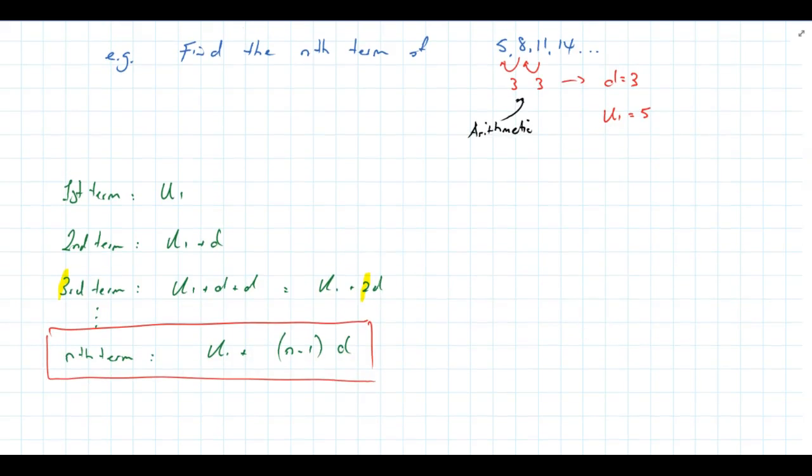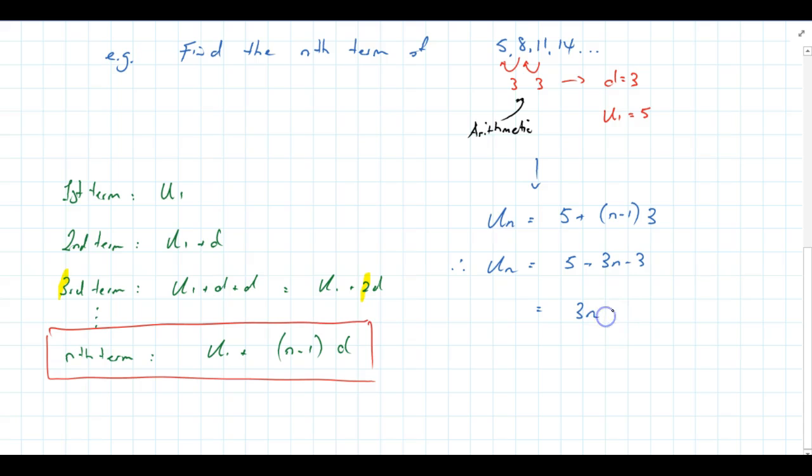Okay, well that's nice. So if we have a look then at the nth term, we need to go back and answer this question. So for this question here, the nth term, which is un, will equal u1, which is 5, plus n minus 1, we don't know what n is, we're defining the nth term, times 3. So un is equal to 5 plus 3n minus 3, which is equal to, did we get that right? 3n minus 3, yep.